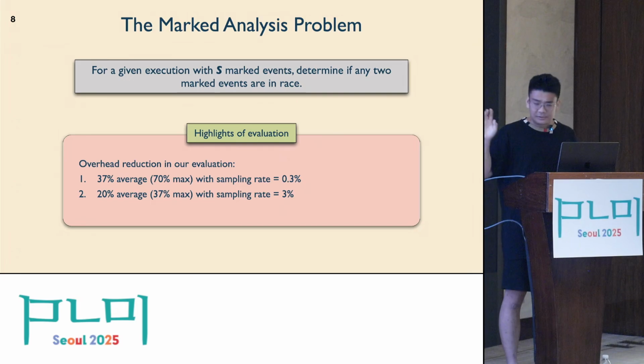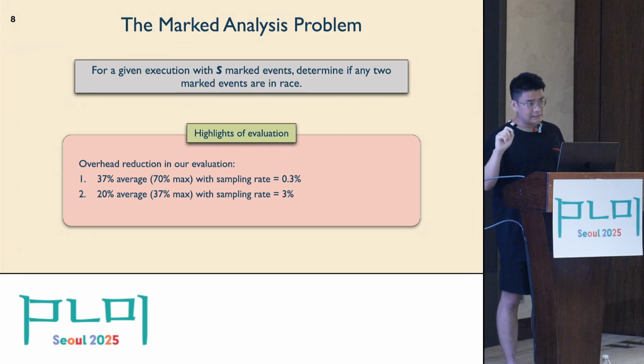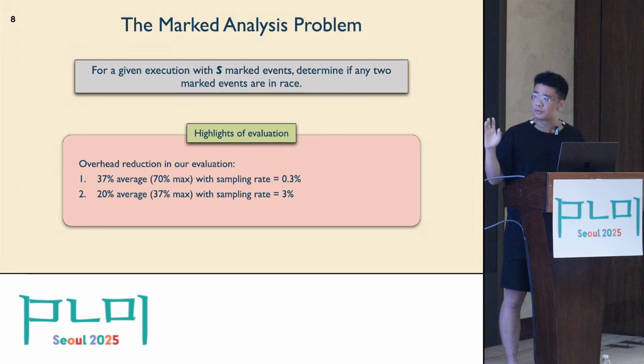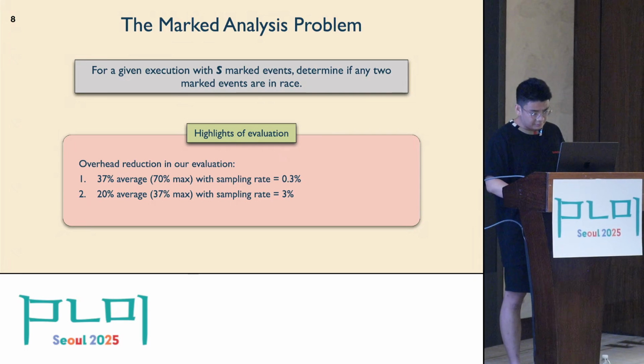It's important to notice that the naive algorithm also benefits from sampling because it also ignores the 99.7% of events that are not sampled. And with a relatively larger sampling rate, like 3%, our algorithm still reduces around 20% of the overhead and up to 37% on some benchmarks.